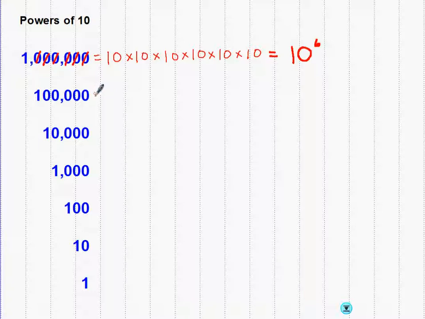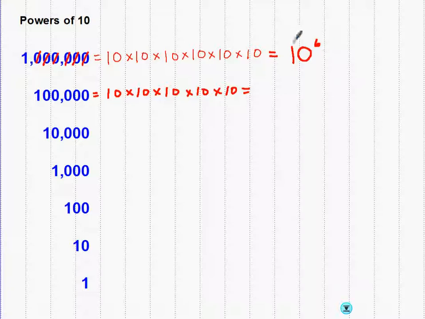All right, this number, 100,000, we can quickly recognize it as a power of 10 because it has the digit 1 only one time, and all of the other digits in this number are 0. We've got 5 zeros in there. That tells me that we can reach this number by multiplying 10 times itself 5 times.